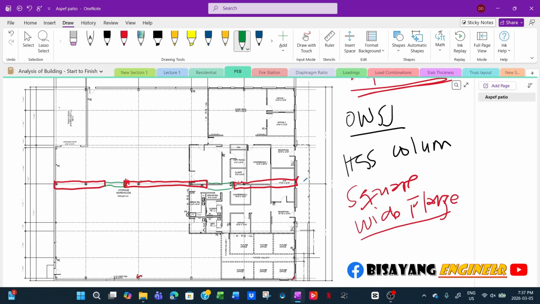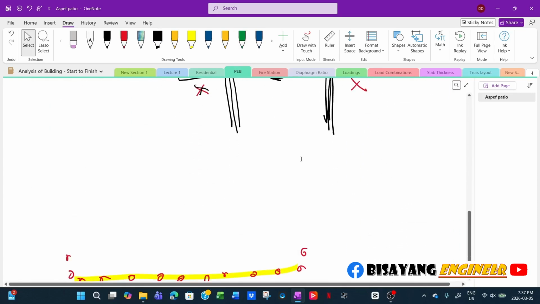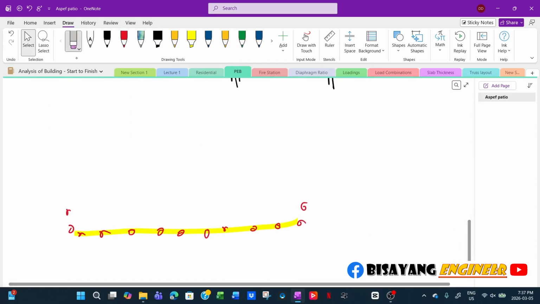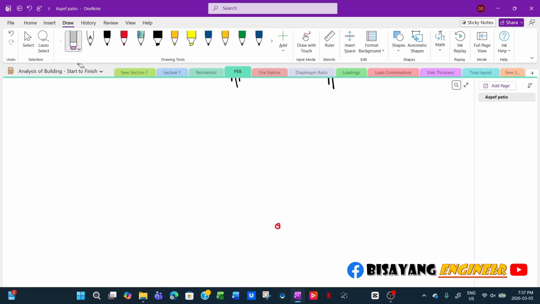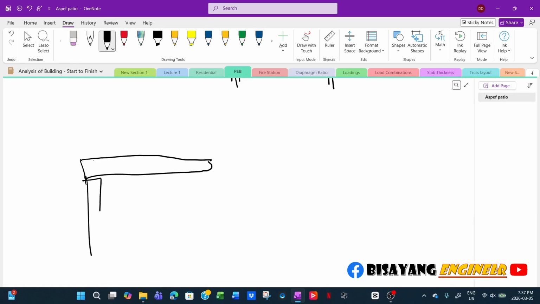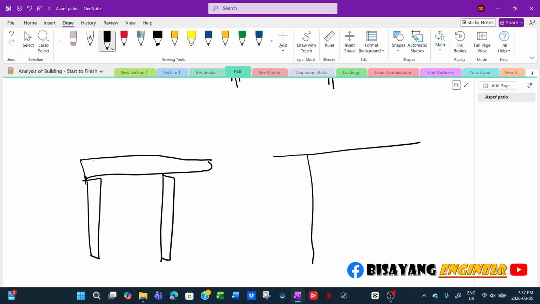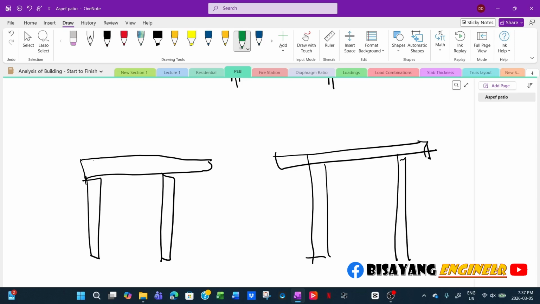It is smaller because it will be a short span. If you look at the elevation, this is your beam, this is your column, then this is your column here, and another beam here. Then they will design a smaller beam here because it is now a short span.